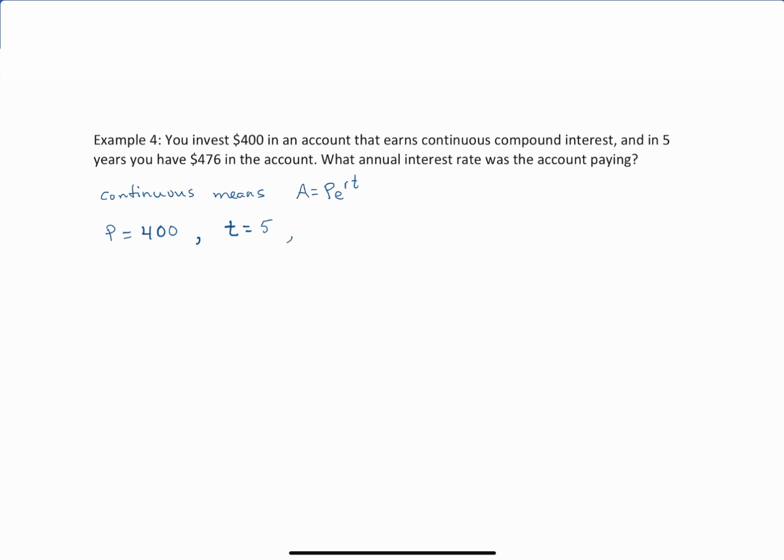In 5 years, we have $476 in the account. That means the accumulated amount is $476. The question is, what was the annual interest rate? In other words, we're looking for R this time.